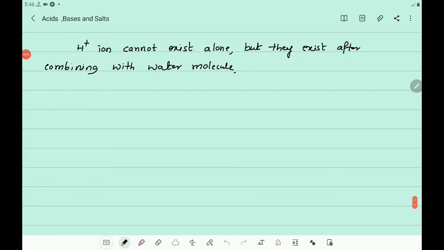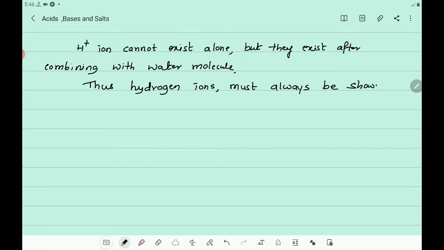Thus, you write, hydrogen ions must always be shown as H plus aqua or hydronium ion.